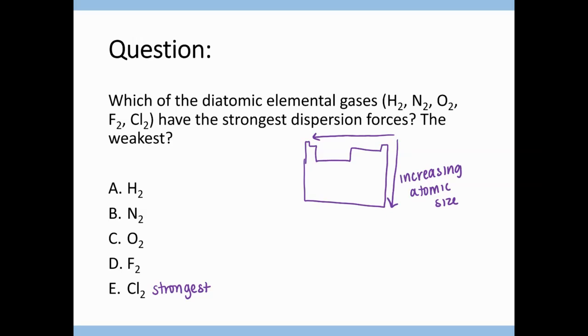And this way is exactly the opposite trend for electronegativity. So the largest atoms are at the bottom left corner. So for these trends, going down the column takes priority over going across. Yeah, it does.